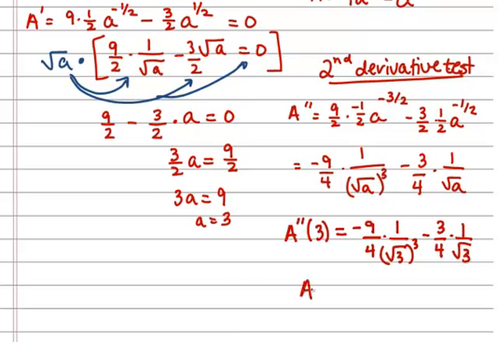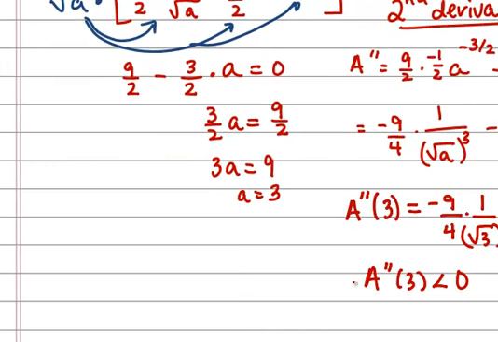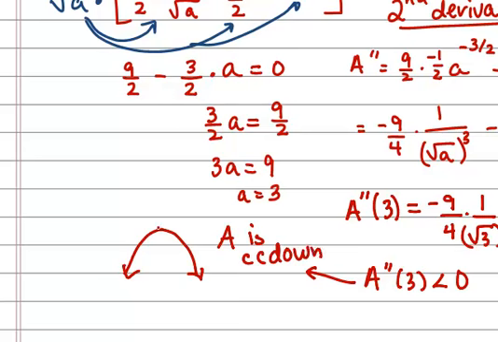And if you have a negative minus another negative, that is going to give us a larger negative value, so therefore the second derivative is less than 0, which means my function is concave down, hence that critical point is going to be a maximum.